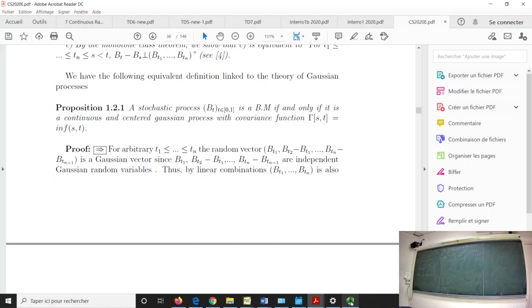Normal means that I have a vector of norm 1. The scalar product between two elements of this type is 0 if they are different, and 1 if it is the same element. So what I have written on the board is the fact of being orthonormal.